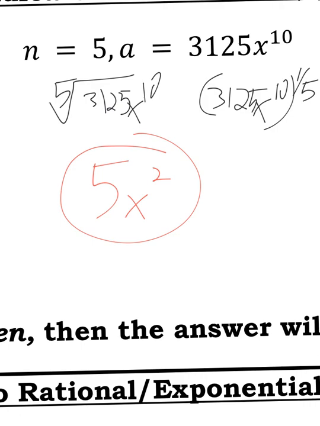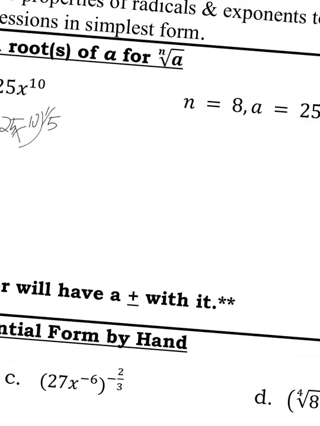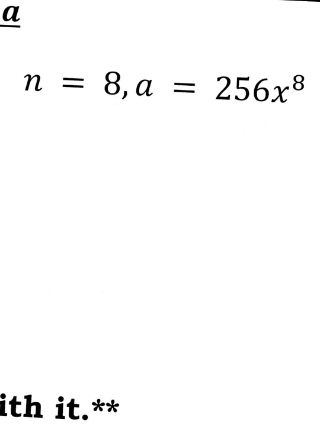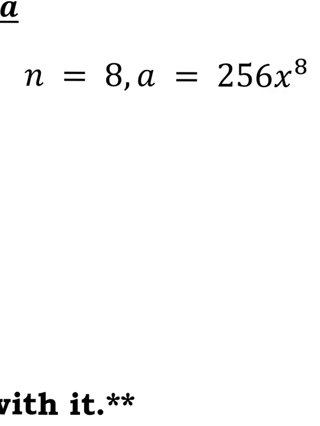You'd put a plus or minus if your root was even. If the root is even, the answer will have a plus or minus with it. But that root is not even. But this root is even. So just remember, sometimes I put a plus or minus somewhere to remind myself not to forget that.